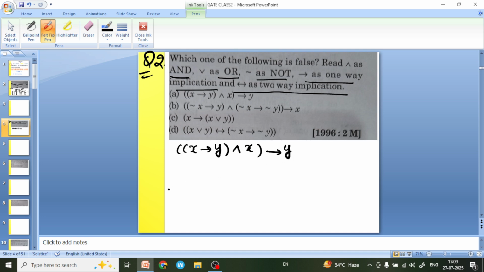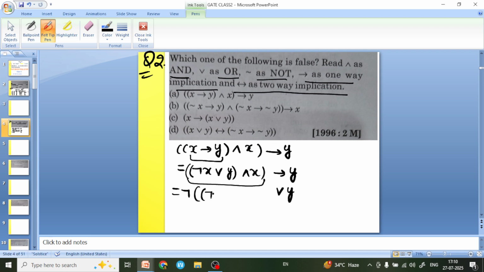We will solve it like this. First of all, take not of not x or y, and x implies y. Now take not, because we have to solve this, or y. Not of not x or y, and x.